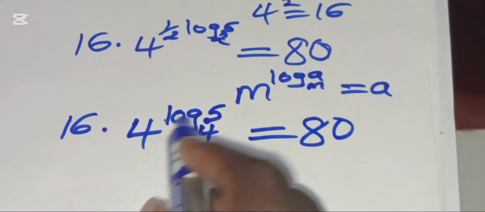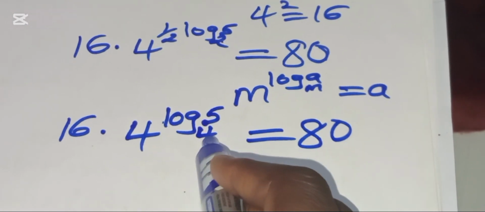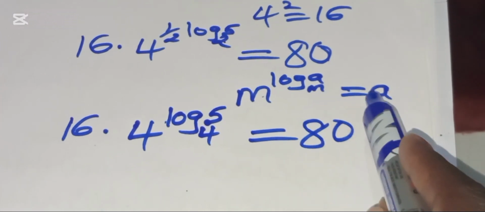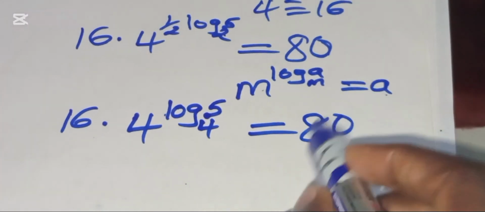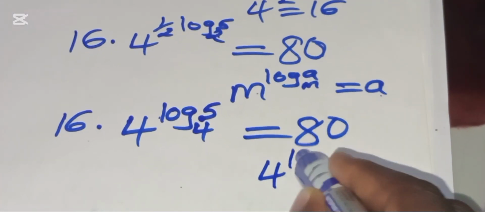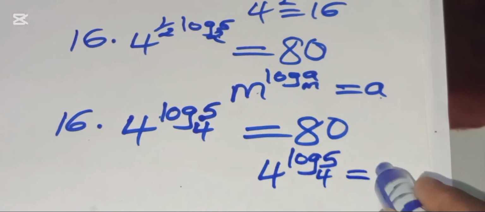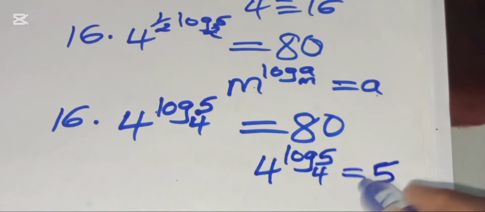Now, we find that 4 raised to power log 5 to base 4 is in the form of m raised to power log a to base m, which is equal to a, okay? So that means that 4 raised to power log 5 to base 4 is basically equal to 5, okay?